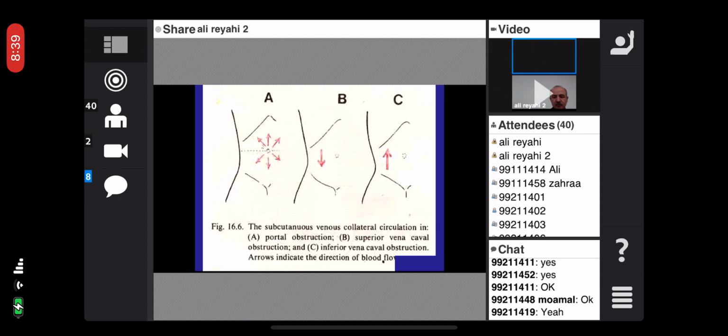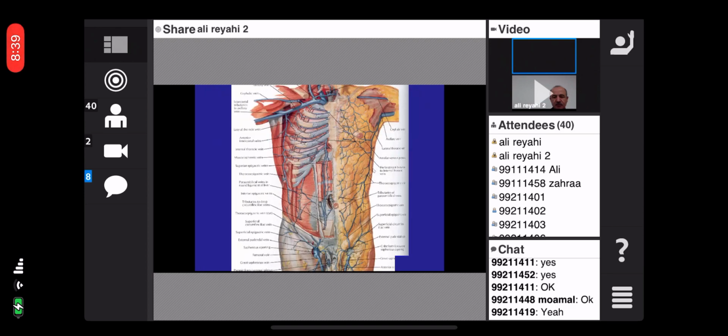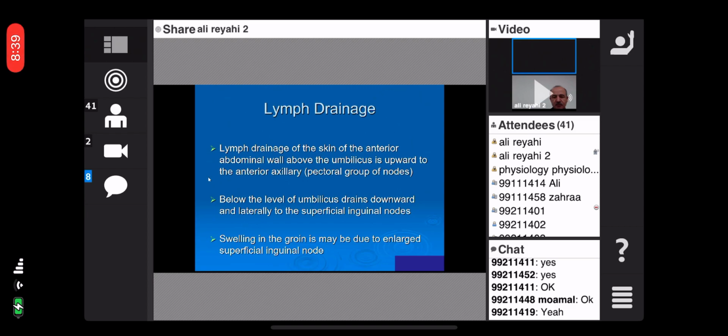Superficial vein drains upward to the axillary vein or downward to the femoral vein. And here you can see again this superficial vein and its drainage. Finally, lymph drainage of the anterior abdominal wall.